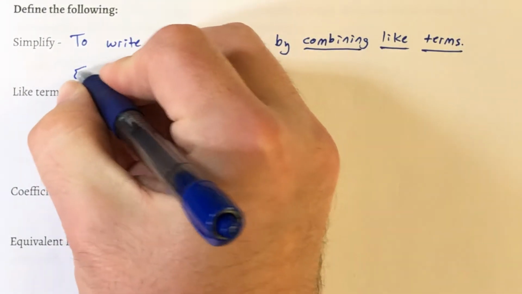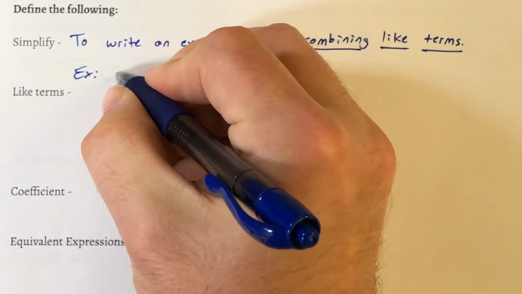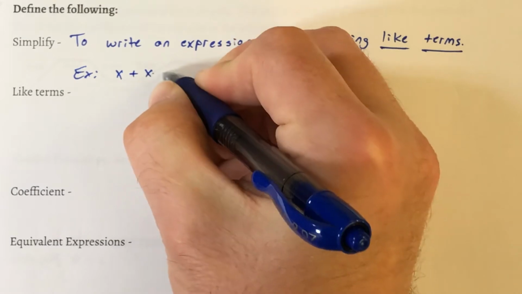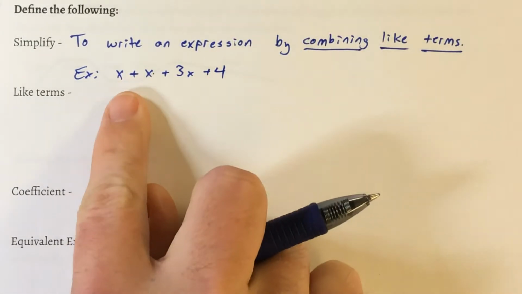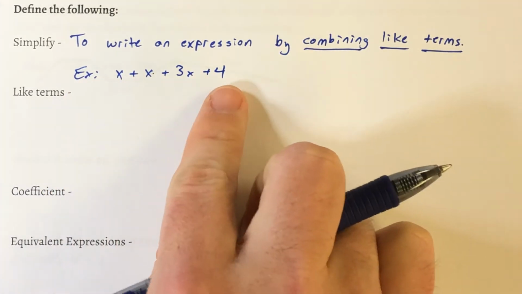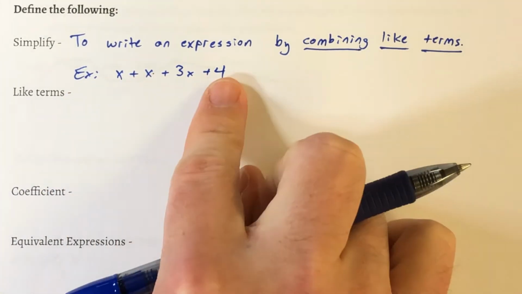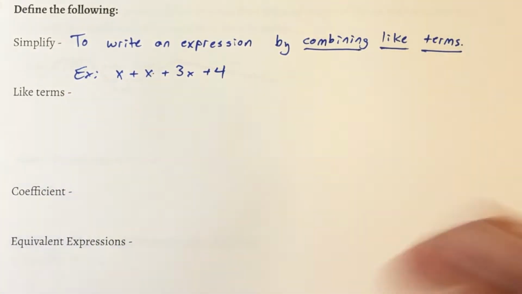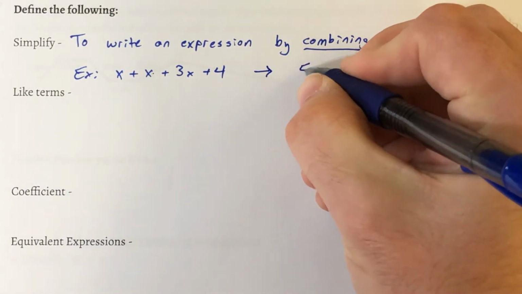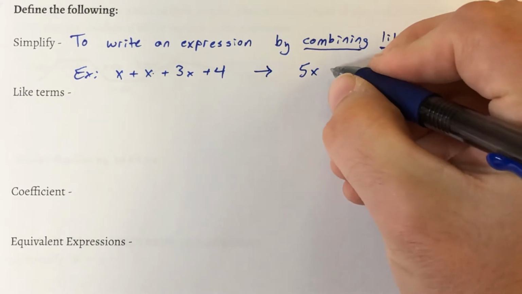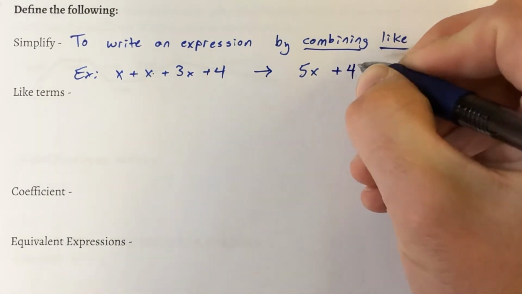An example of this would be, let's say we have the expression x plus 3x plus 4. You would go through and look at what is like each other and what is not, what can be combined and what can't be, and you would, through work, get a simplified expression like 5x plus 4.